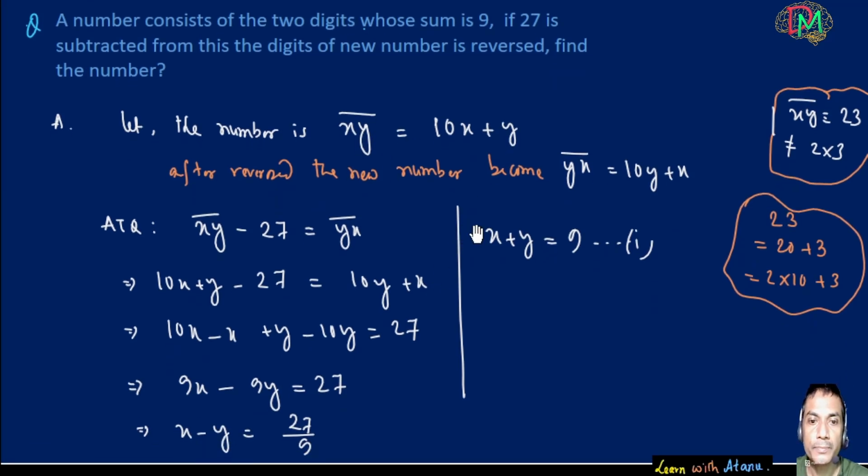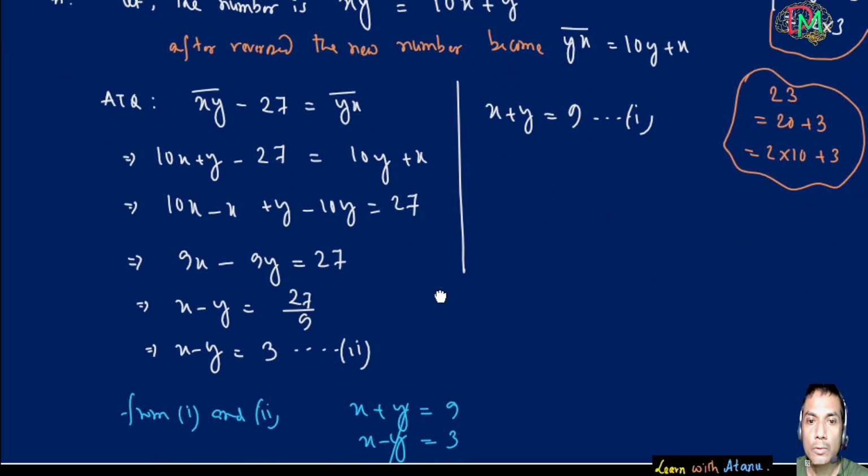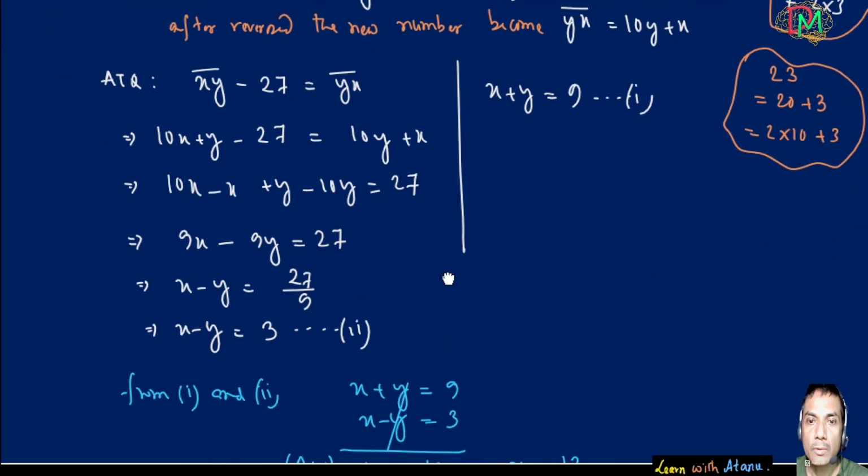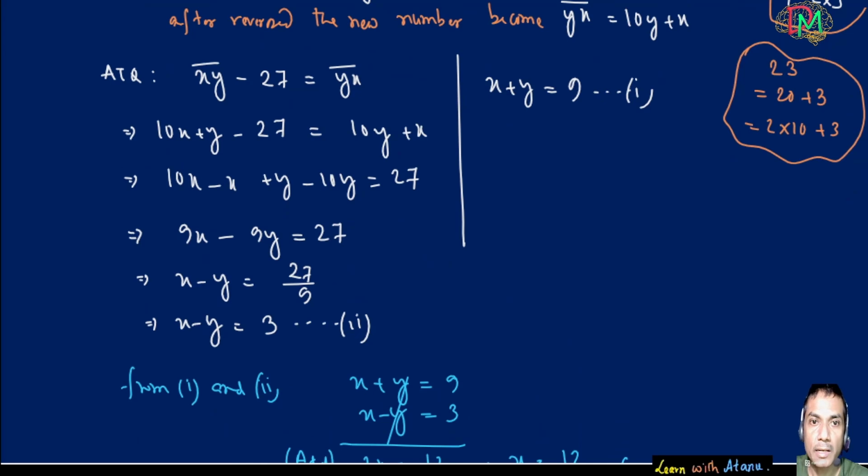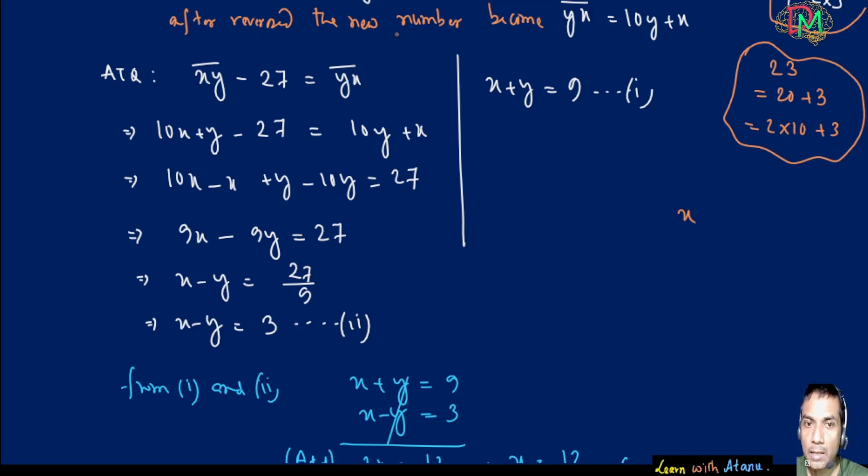Okay, so we can cross verify whether our answer is correct or not. According to the question, xy becomes 63, right?